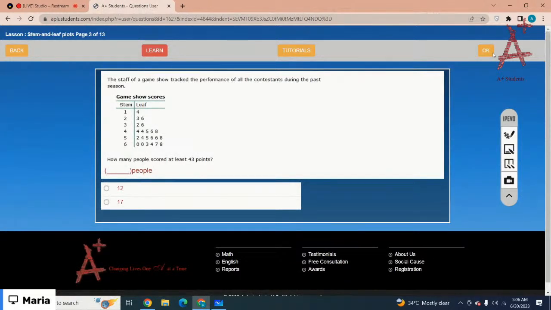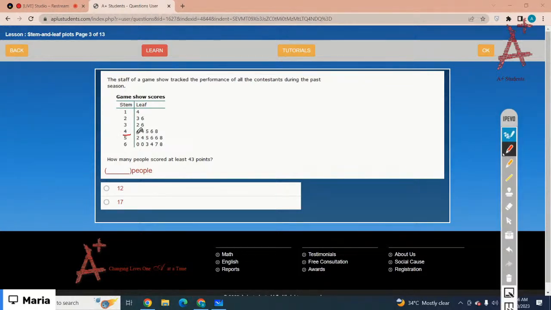Okay, the staff of a game show tracked the performance of all the contestants during the past season. How many people scored at least 43 points? So you have to see how many people scored 43. Go to stem 4 and see if you have the leaf 3. You don't have any leaf 3. At least, okay, sorry. At least 43, and at most it could be any value. So start from 43. You don't have 43 here, so just start with values greater than 43. 1, 2, 3, 4, 5, 6, 7, 8, 9, 10, 11, 12, 13, 14, 15, 16, 17.